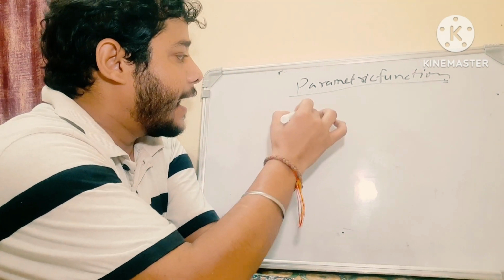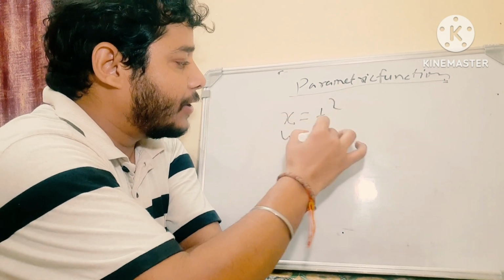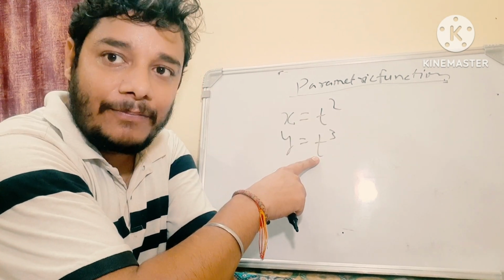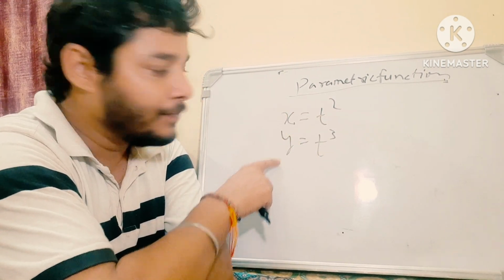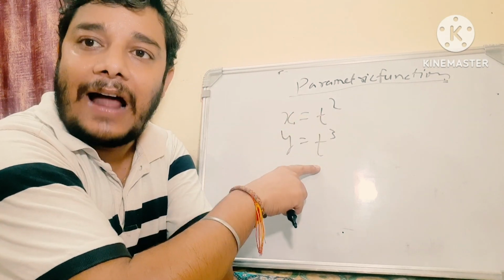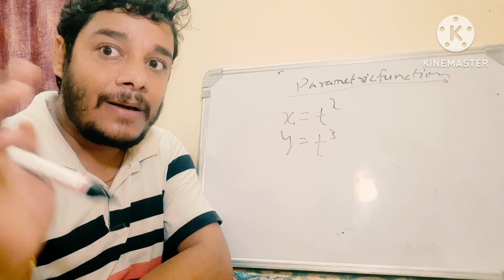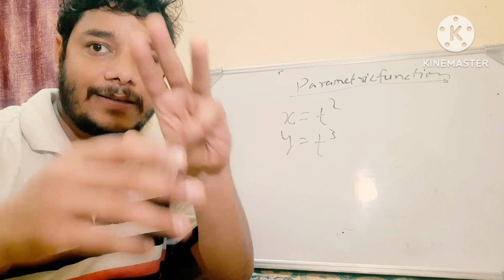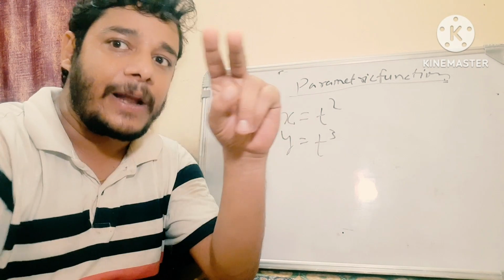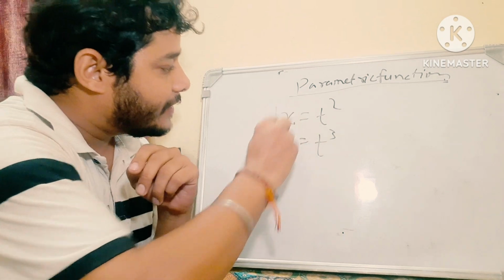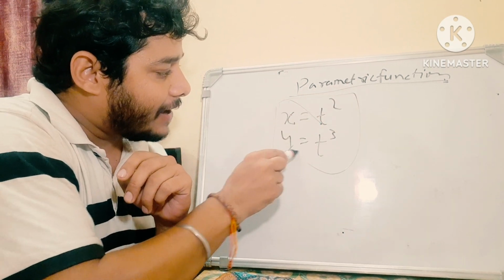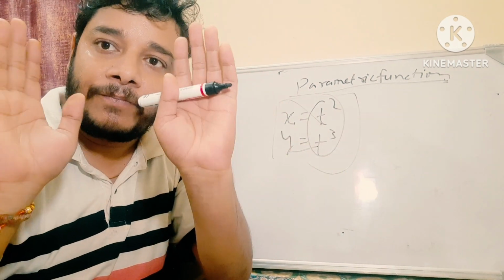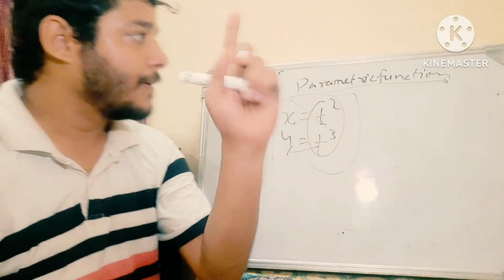For example, if I am writing x is equal to t square and y is equal to t cube, you can see the values of x and y depend upon the value of t, because the variable t is common for both x and y. So in a parametric function you will see there are minimum 3 variables, and of these, 2 variables depend upon one variable. This is the meaning of a parametric function, and the previous one is the implicit function.